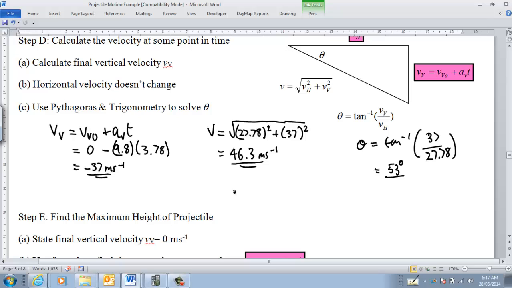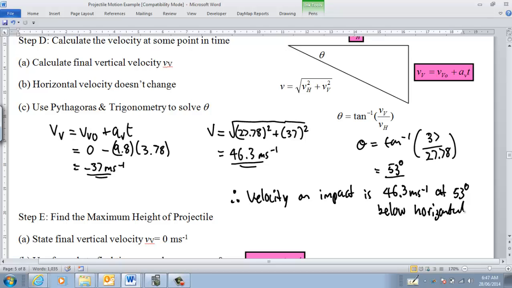So therefore, velocity on impact is 46.3 meters per second. You could convert that to kilometers per hour if you wanted to, at 53 degrees below horizontal.